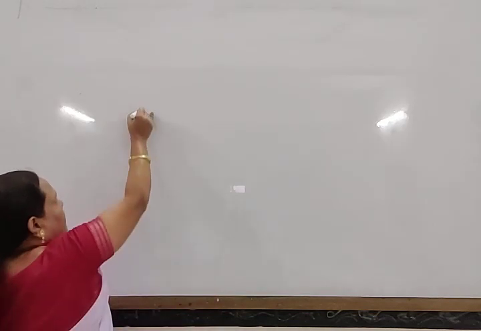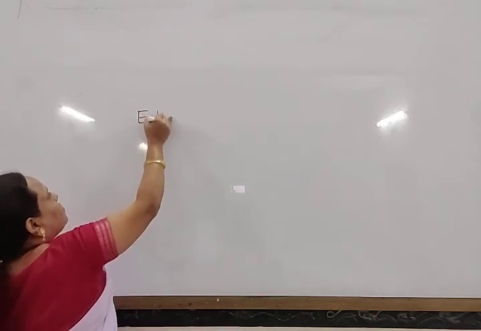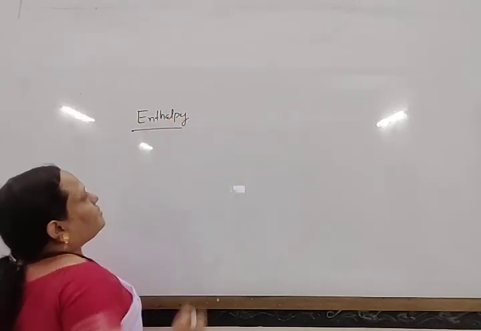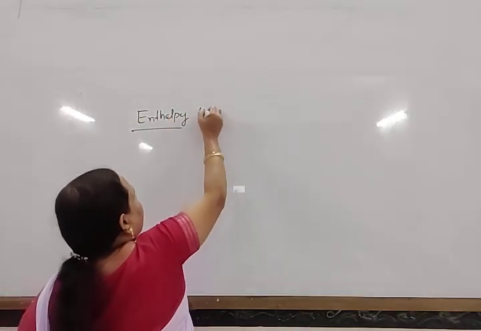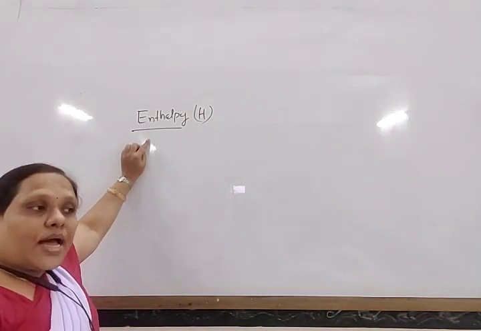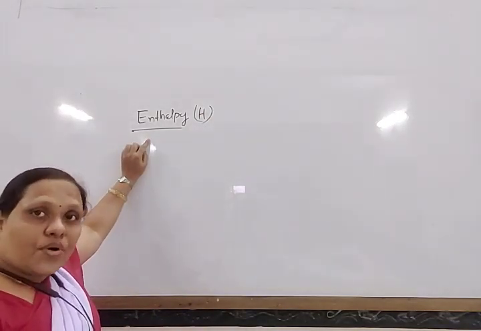Next, come to another energy factor, that is called enthalpy. And enthalpy is actually the most important factor. Enthalpy is represented by the letter H. Already you have heard this name in ionization enthalpy and bond enthalpy.